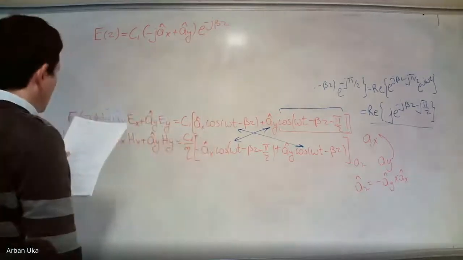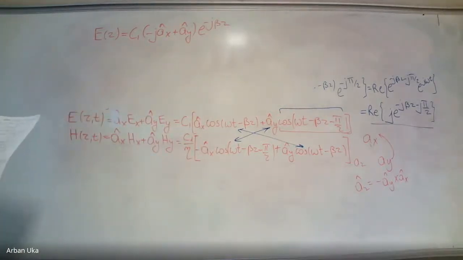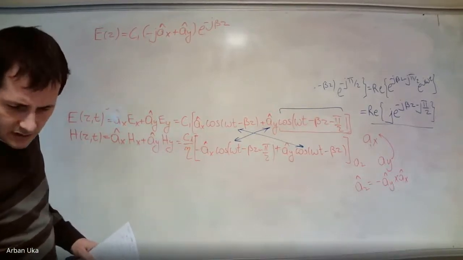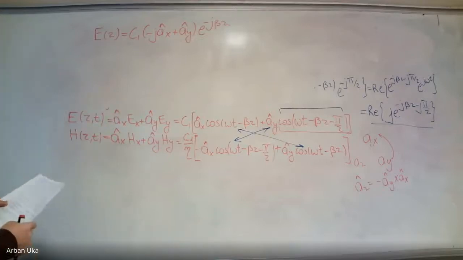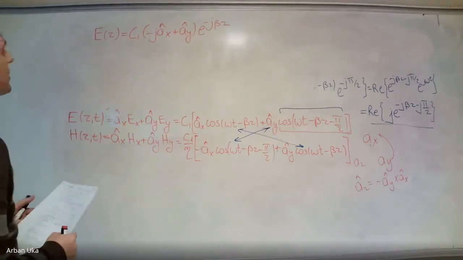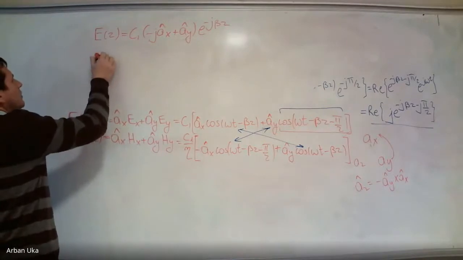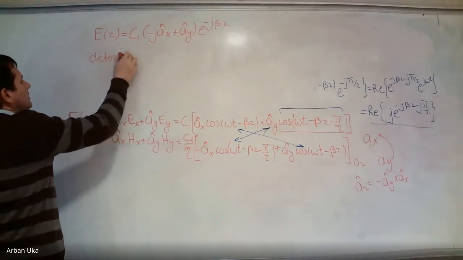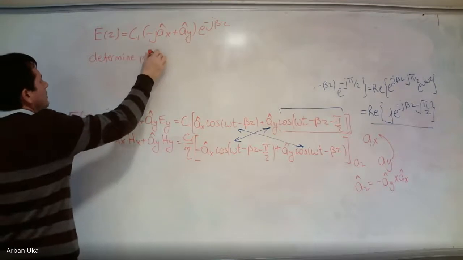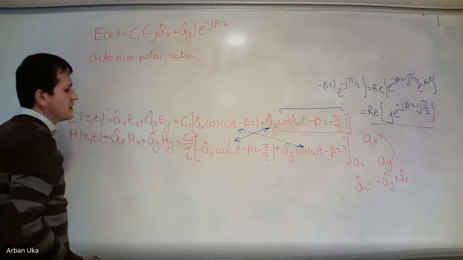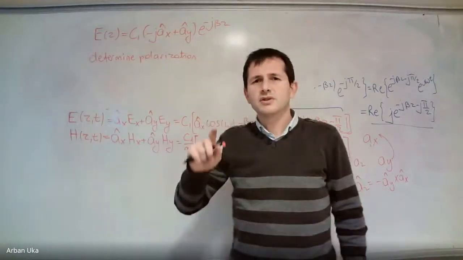This is the phasor notation of a given electric field at a specific frequency. The first question is to determine the polarization. When I say determine the polarization, this really means find the direction of the electric field.